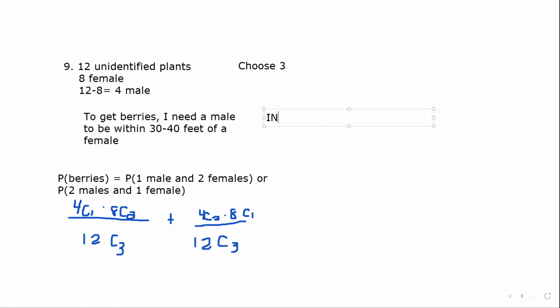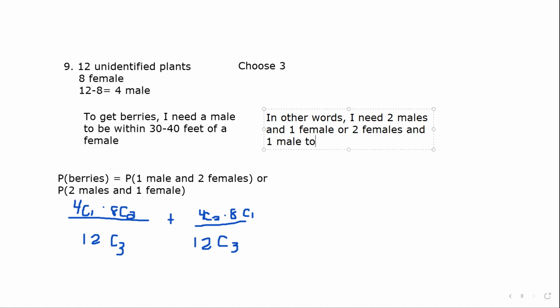In other words, I need two males and 1 female, or 2 females and 1 male, to produce berries.